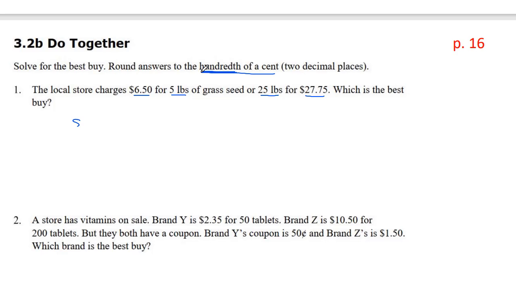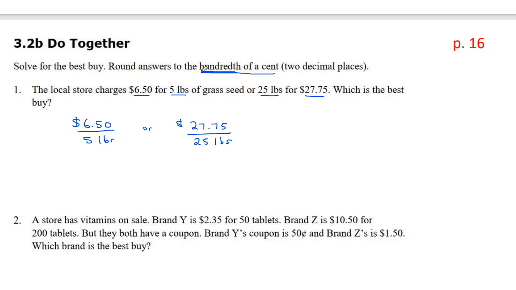So let's do our setup. Money on top, $6.50 divided by 5 pounds, or is it cheaper to get the $27.75 package of 25 pounds?